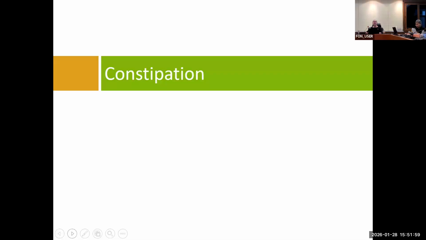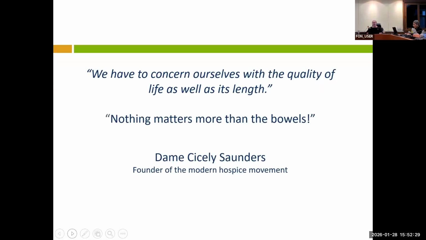So I'm going to conclude today's talk with constipation. The reason I am concluding with this is because pain medications and managing pain and constipation go hand in hand. So we as nurses, especially when dealing with oncology patients who are receiving pain medication, need to be concerned with constipation.